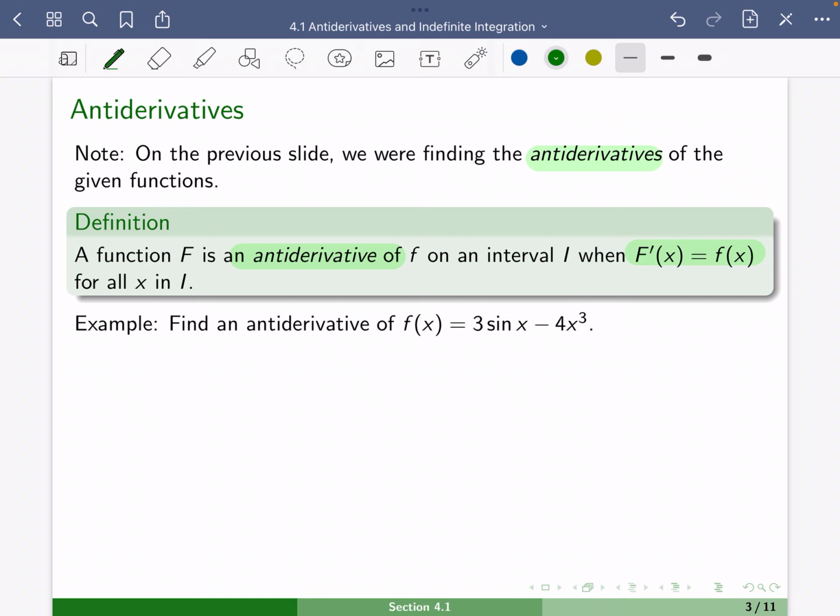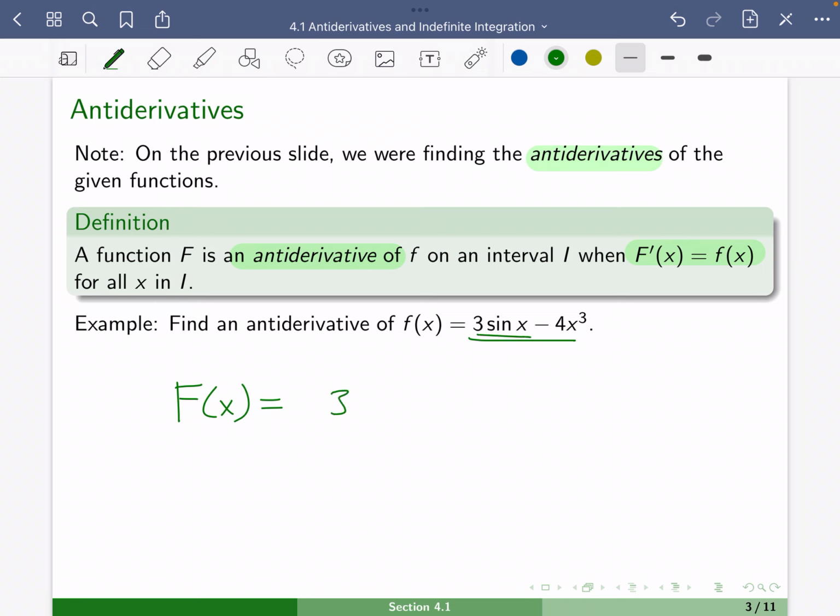Let's look at this example. We want to find an antiderivative of 3 sine x minus 4x cubed. We're just trying to find the antiderivative. I don't necessarily like to use the terminology of a parent function. That's used in college algebra, where you have a parent graph and then shift it left, right, up, and down. So what function has 3 sine x as a derivative?